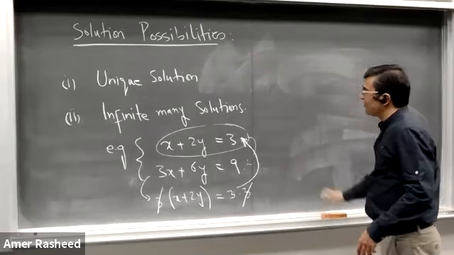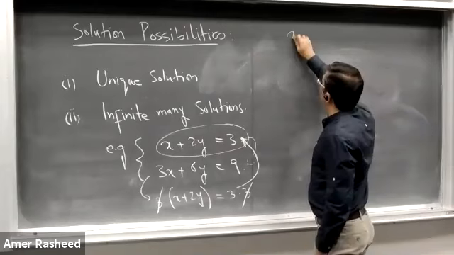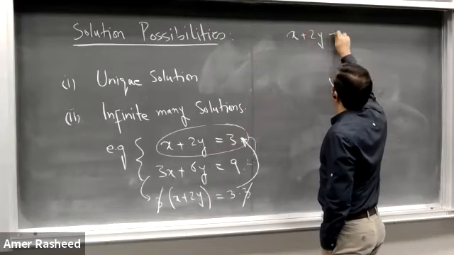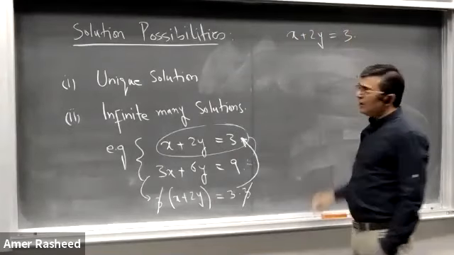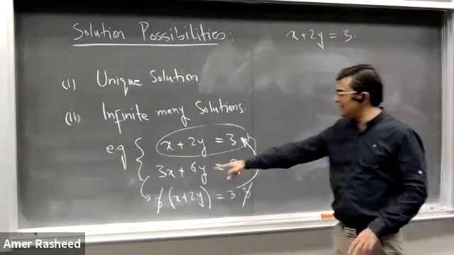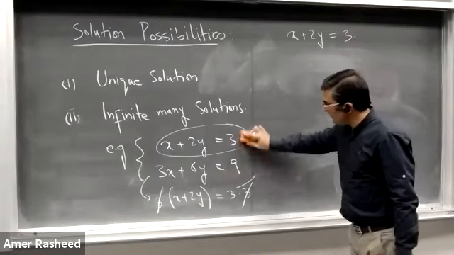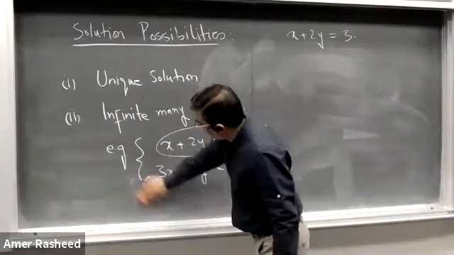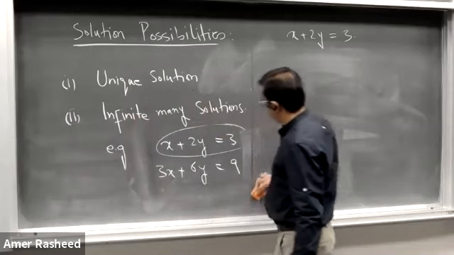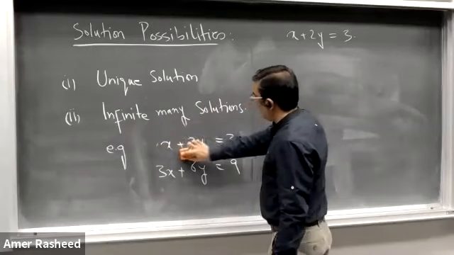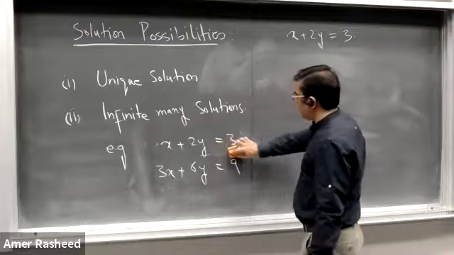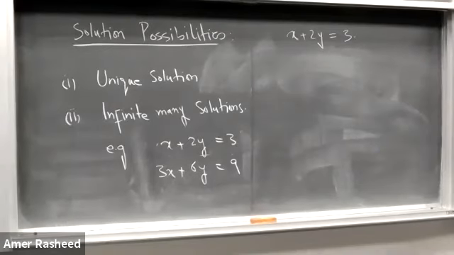Now, in this situation, if we have this kind of equation where the other equation is 3 times the first, we cannot solve this linear system simultaneously. Can you solve it? Try to solve. Can you find the values of x and y?